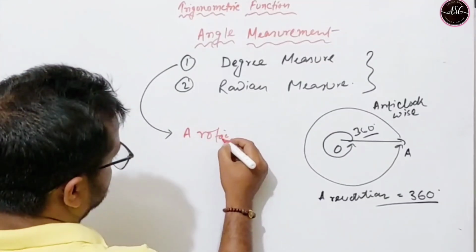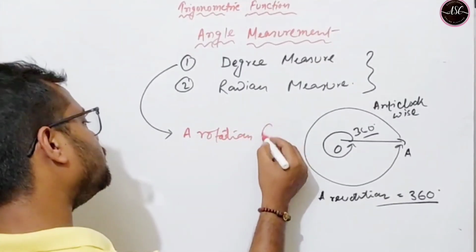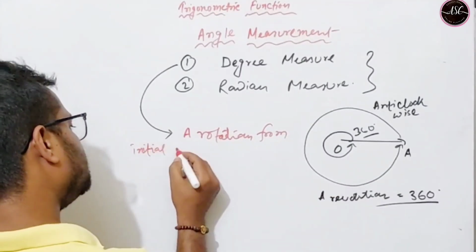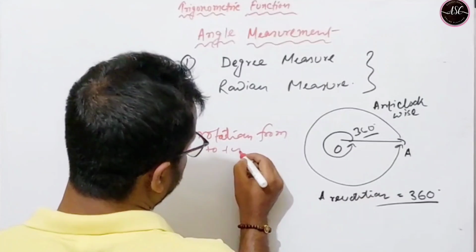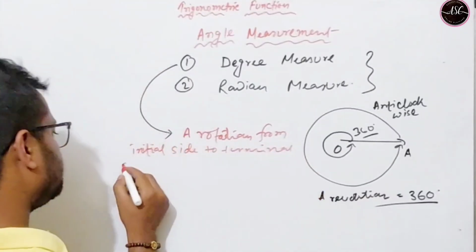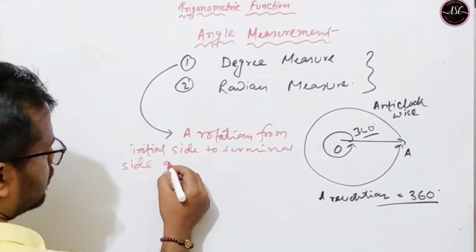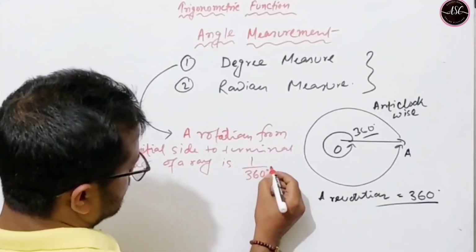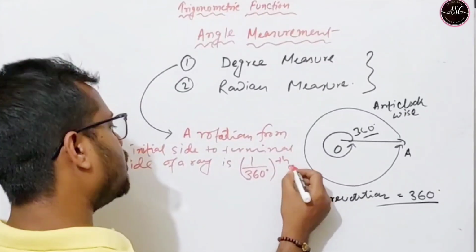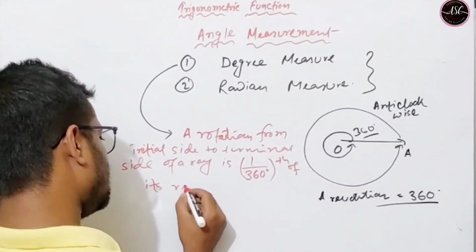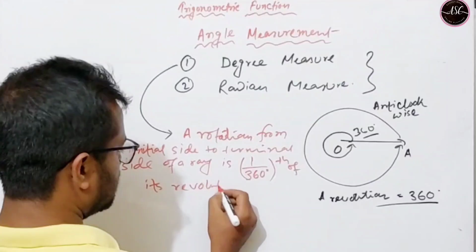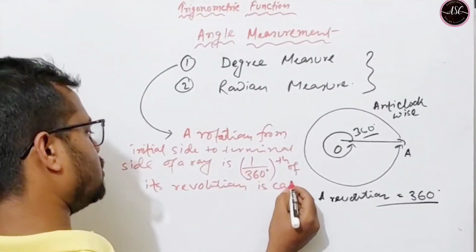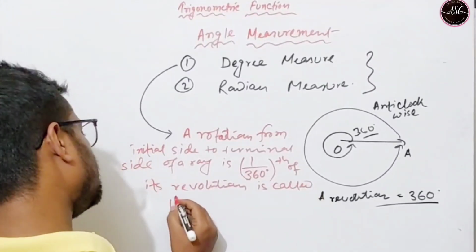A rotation from initial side to terminal side of a ray is 1/360 of its revolution is called 1 degree.